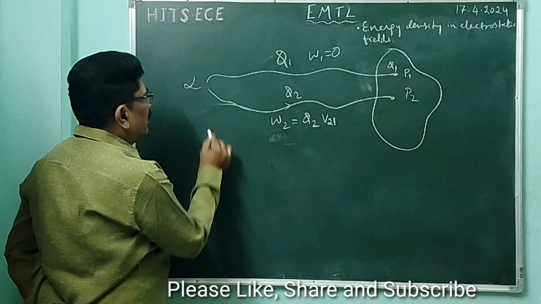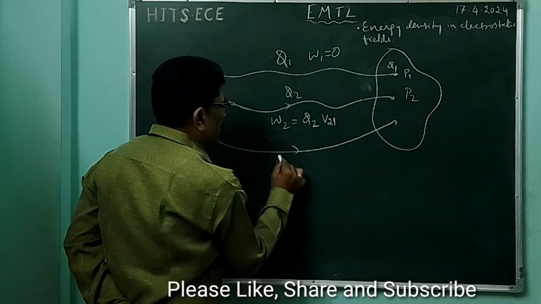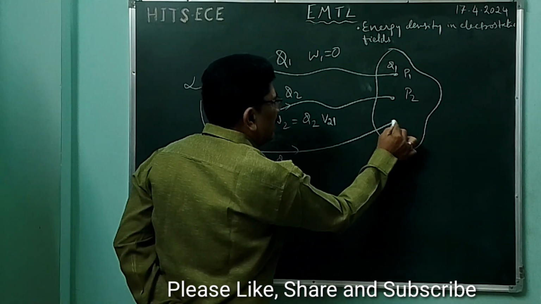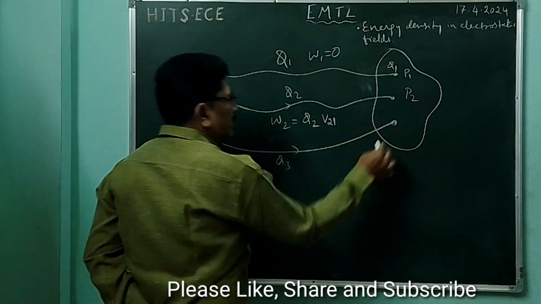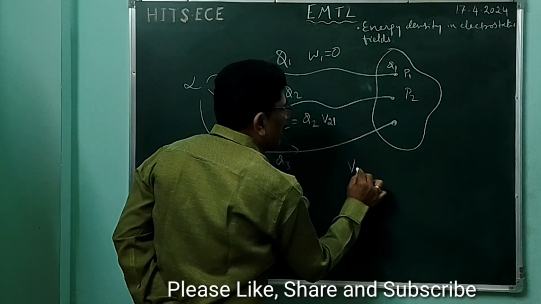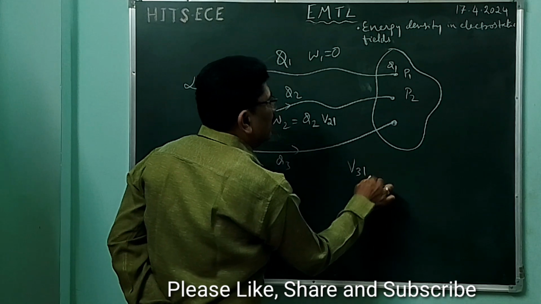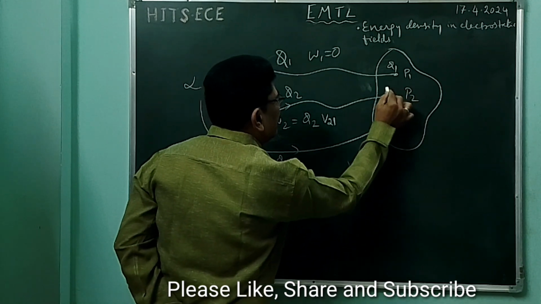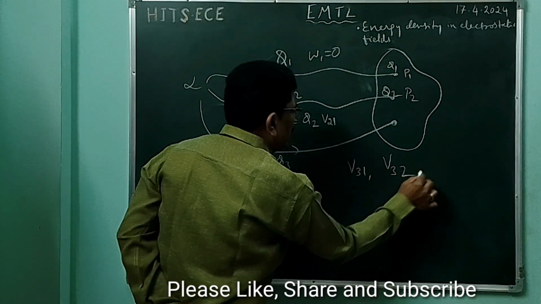In order to move Q3, first we have to find the potential at point 3. Potential at this point due to Q1, let it be V31, and due to Q2 it is V32.